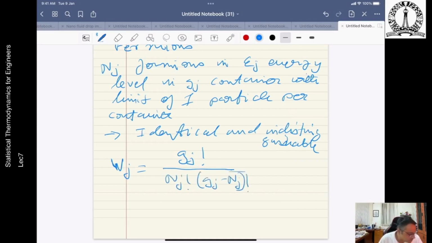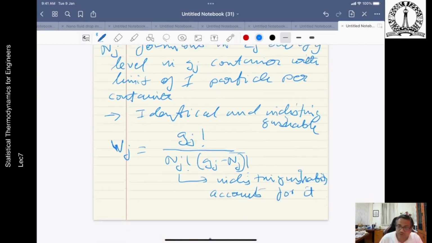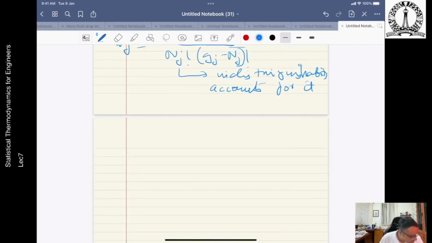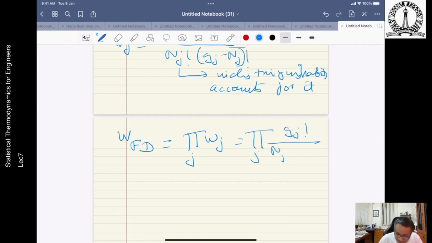This we already know. This accounts for the indistinguishability. This we already know as well. Okay. So the Fermi-Dirac statistics therefore boils down to again the product of all Wj's, which essentially translates to the product of Gj factorial divided by Nj factorial times (Gj minus Nj) factorial.